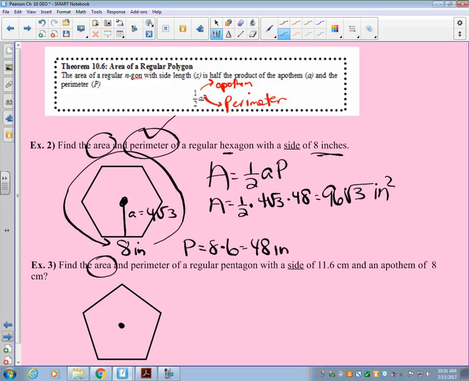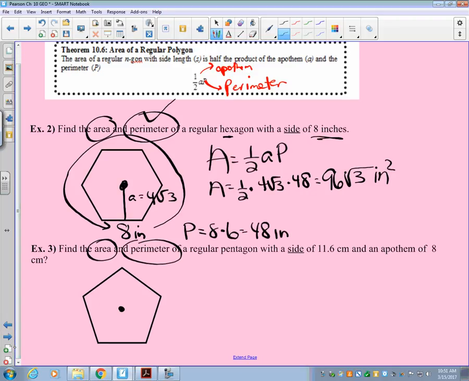For example 3, we're going to find the area and the perimeter of a regular pentagon with a side of 11.6 and an apothem of 8. Thank goodness they gave that to us because we're trying to go no trig to find stuff. Let's find the perimeter.